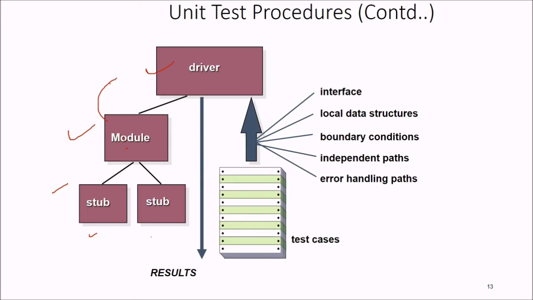But by the time you are checking, it may be possible that the module which is calling it may not be available, or the modules which it calls have not been made. The module which is calling is called a driver, and the module which is being called is called a stub. So in unit testing, we will require the driver and the stub for a module to be checked properly.